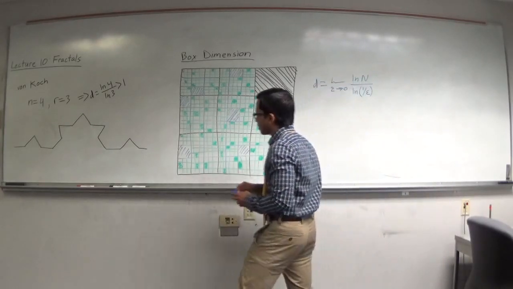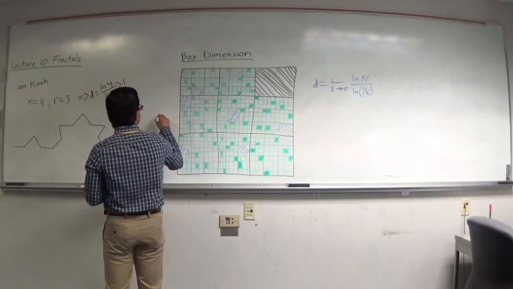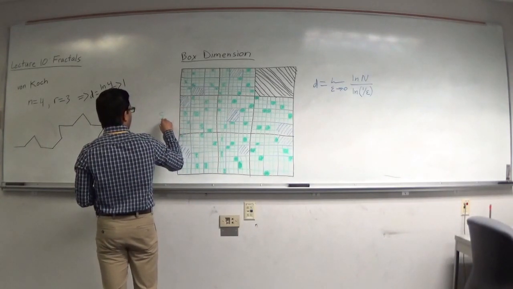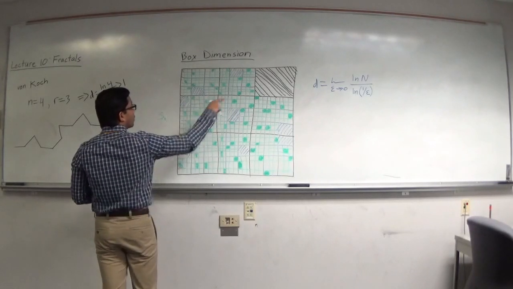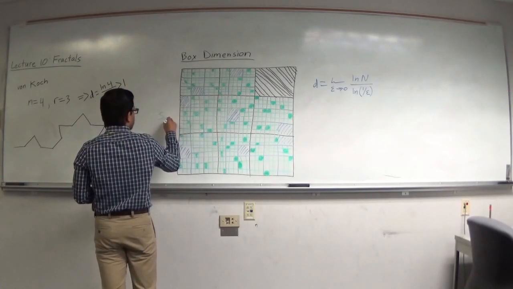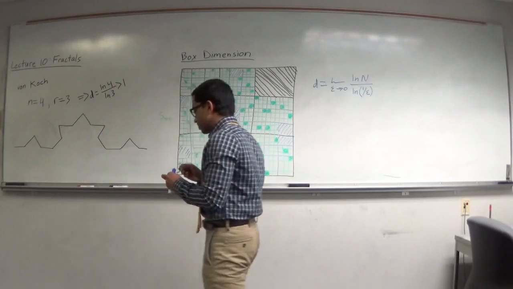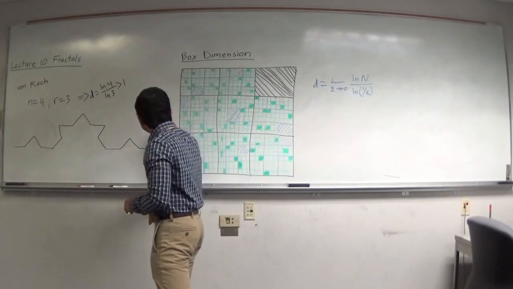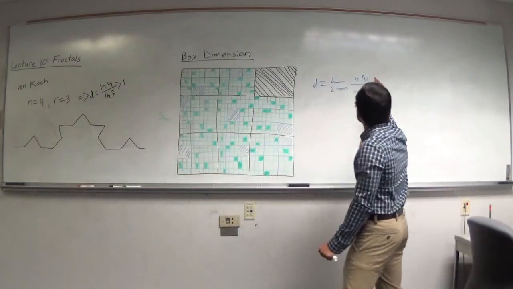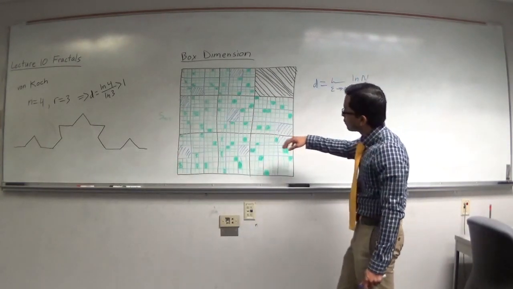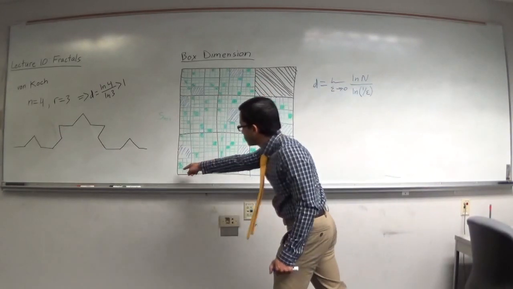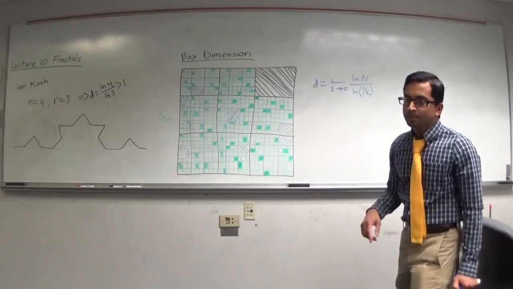So this is S0, S1, S2, S3. This is S, n equals 3. So we can get epsilon as a function of the small n, and we can do the same thing for the big N. For S0, what is epsilon going to be if this is the unit interval?